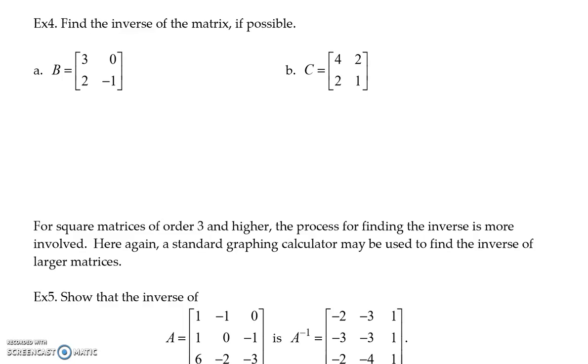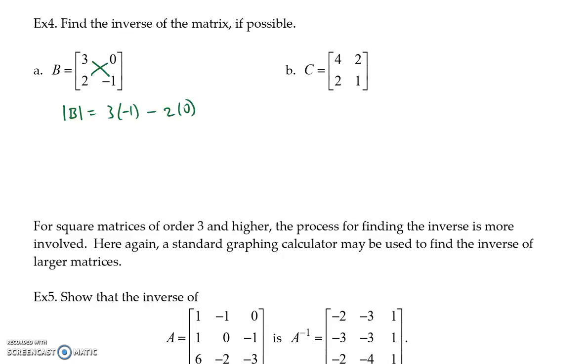Let's now find inverses for a couple of additional 2 by 2 matrices, just to go through the method a couple more times. So we have the 2 by 2 matrix B that's shown in example 4a. We first need the determinant of B. Okay, so we're going to just do these two multiplications. 3 times negative 1 minus 2 times 0.